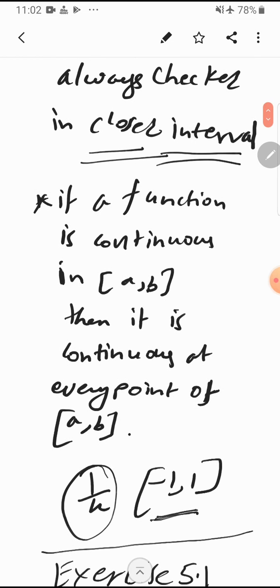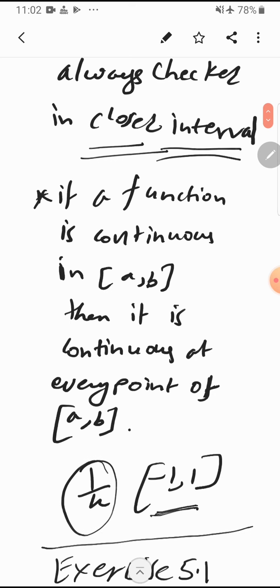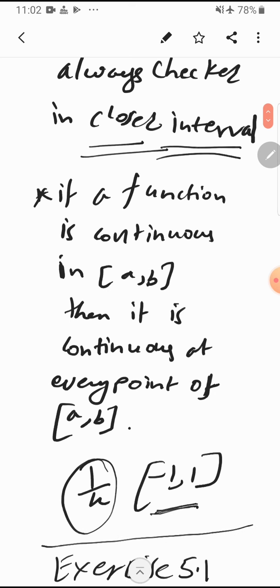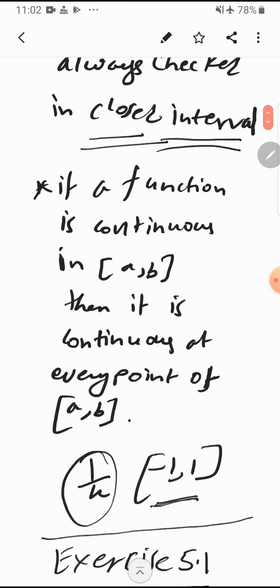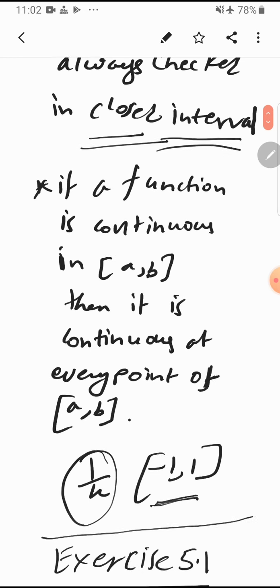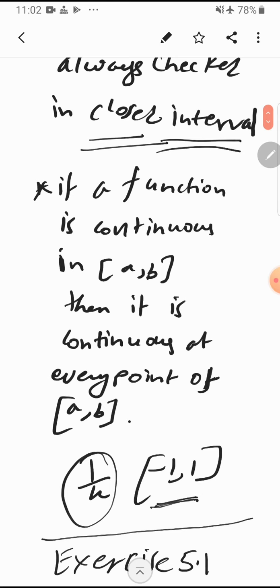Now students, we should be careful: if I am asked to check the continuity of a function in a closed interval, I cannot check it point by point, because an interval has infinitely many points and it will take ages.